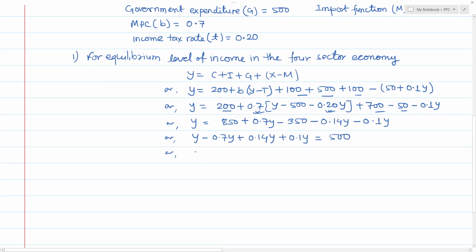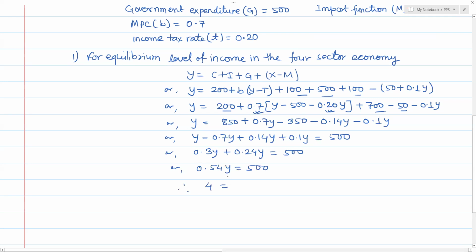So this is 0.3y plus 0.24y is equal to 500. Solving this, 0.54y is equal to 500.